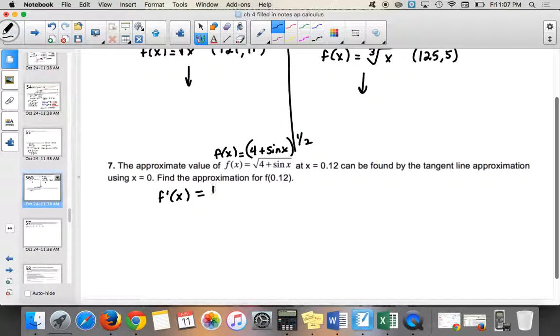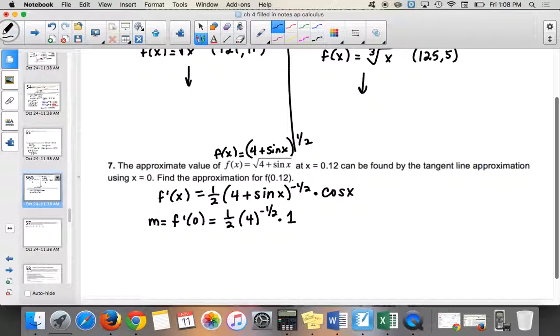So you'd have 1/2 times 4 plus sine of x to the negative 1/2, times the chain, so cosine of x. You would plug in 0 to find our slope. So you get 1/2 times 4 plus 0, which is 4 to the negative 1/2, times cosine of 0, which is 1.